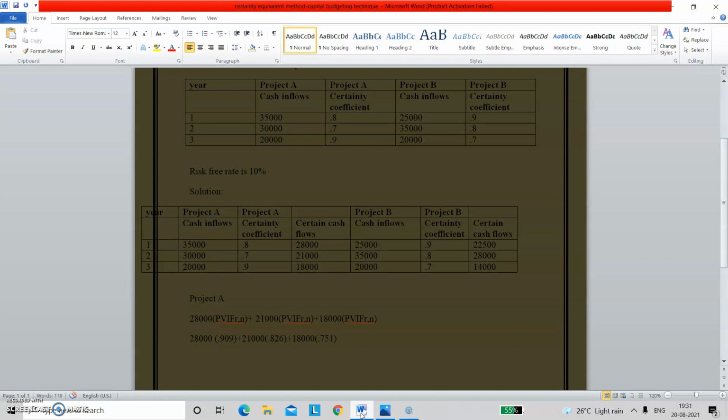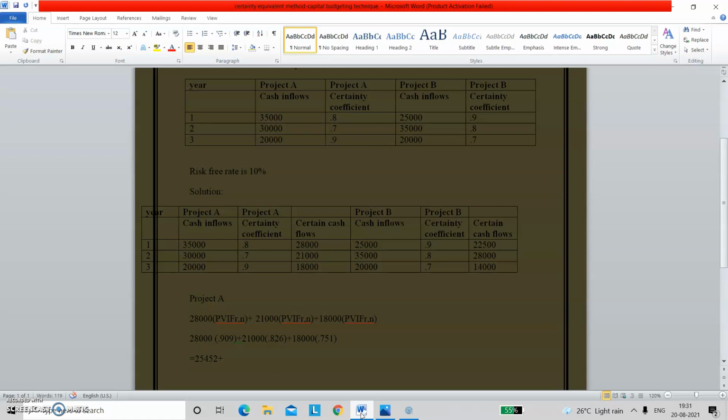So this will be the amount as, let us calculate this. This is 28,000 into 0.909 is 25,452.